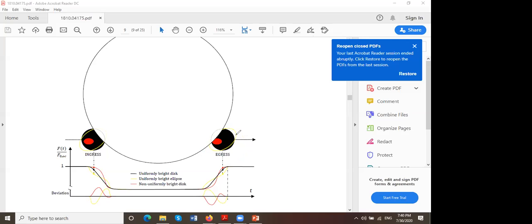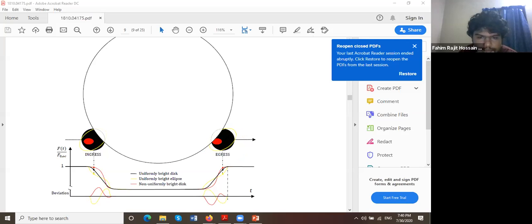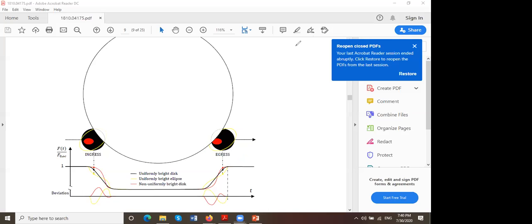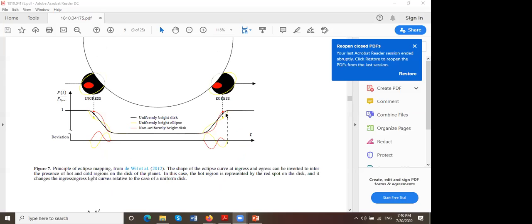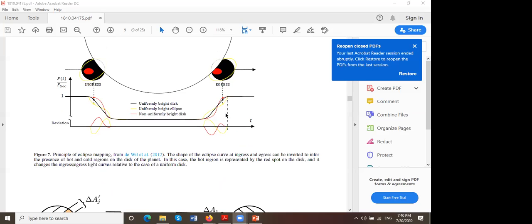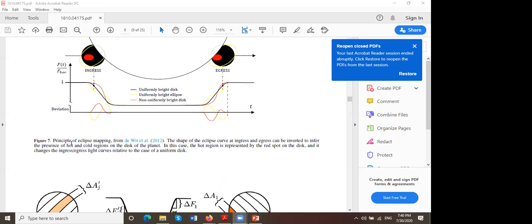Right, what is the red dot? Red dot. Let me see. I haven't said that. Let us find out together. Okay, I guess it could be the non-uniform bright disk. The hot region. If the planet has a hot region, then it will look a bit different in the transmission, I think.